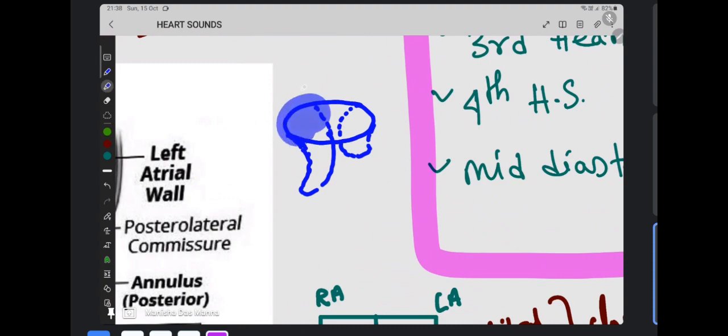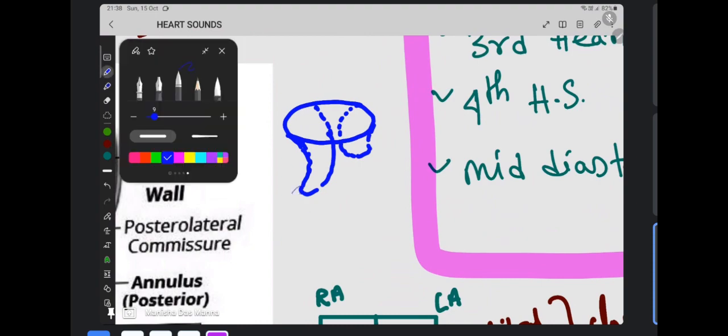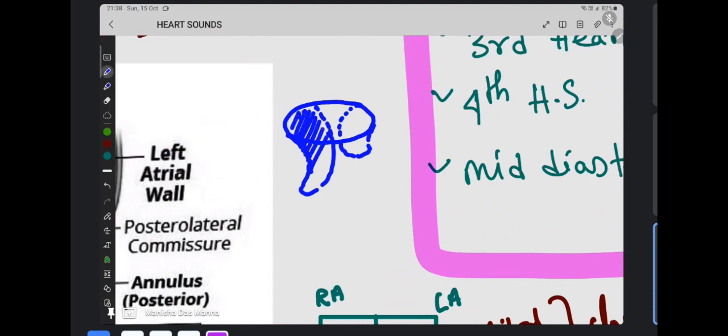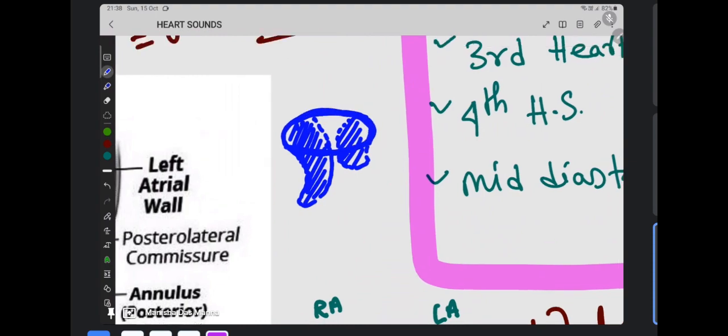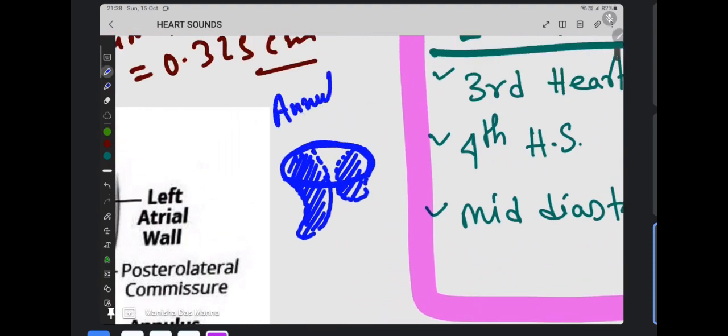That is why this is also called the bicuspid valve. There are two leaflets. This is one, and this is one. This is called the annulus of the mitral valve, and these are the leaflets of the mitral valve.